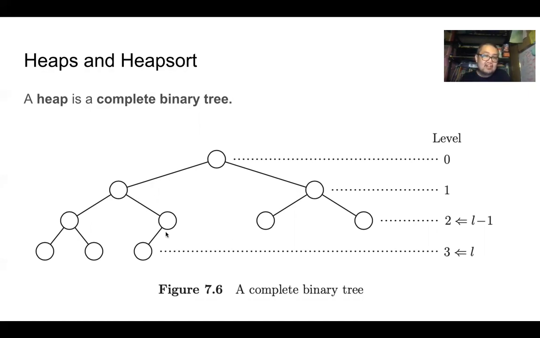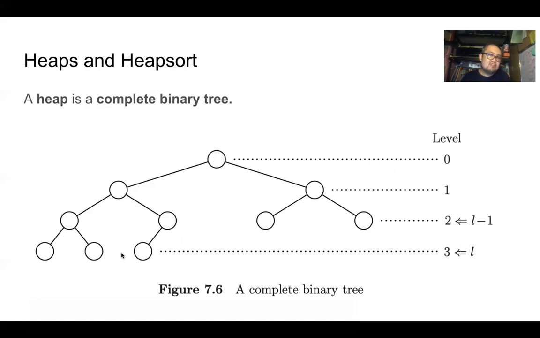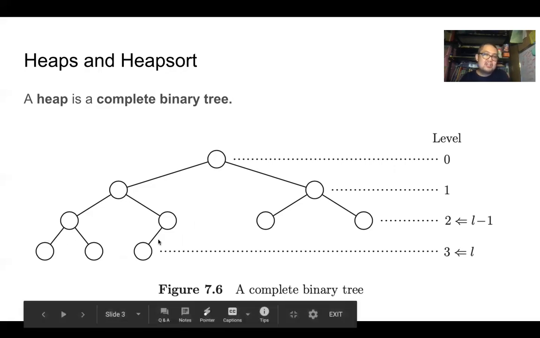At the same time, the elements are at the leftmost side of the tree. What does it mean? Before I can put a node here, I should have a node at the leftmost part, at this part of the tree. Before I can put a node here, I should have a complete set here first. That is a property of complete binary trees.